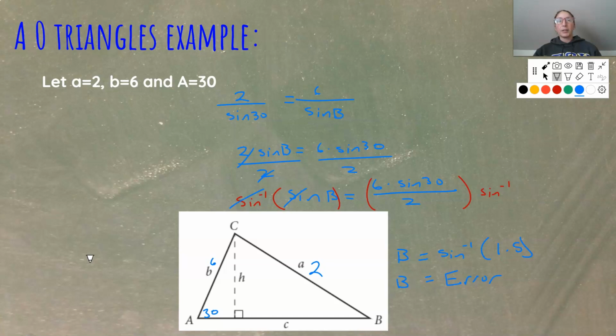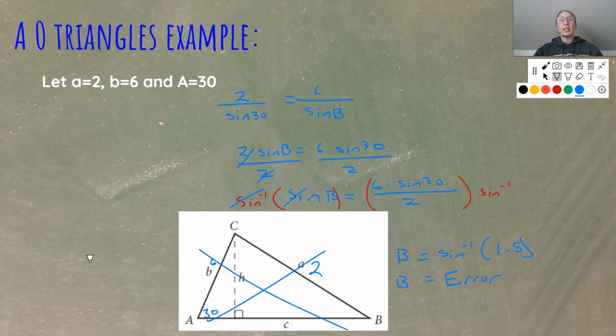Therefore, trying to take sine inverse of something outside that domain is an error. It doesn't exist. Sine only lives between -1 and 1. If you ever try to take inverse sine of numbers outside of that domain, you'll get an error. Therefore this triangle cannot possibly exist.